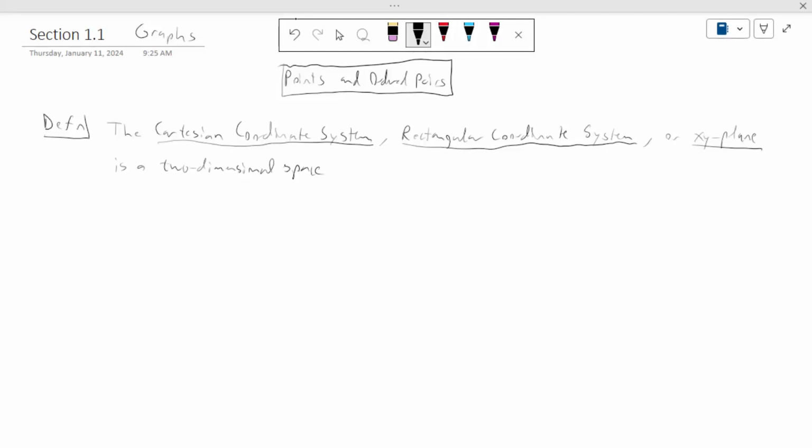With a horizontal axis, usually called the x-axis. Not always. X-axis. Okay. And a vertical axis, usually called the y-axis.